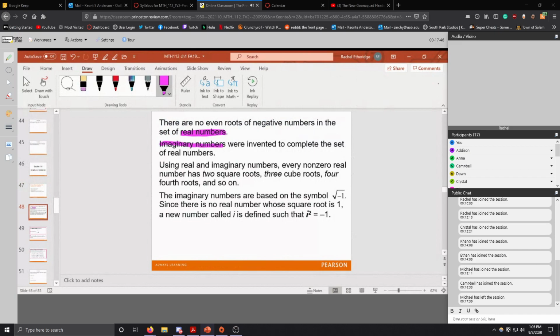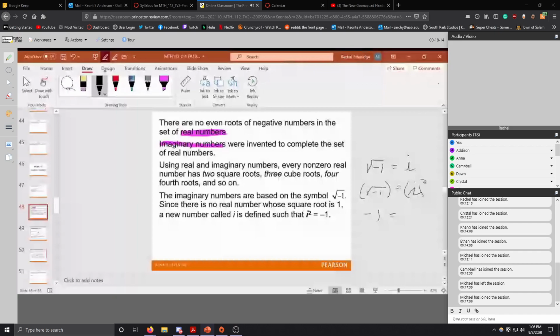The imaginary numbers are based on a symbol, the square root of -1, and we call it i. So the square root of -1 we call i. So then if you square the square root of -1 and you square i, you get -1, that is i squared.